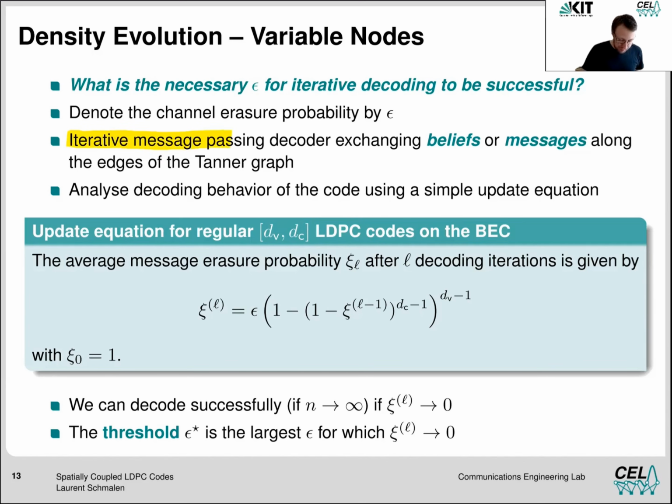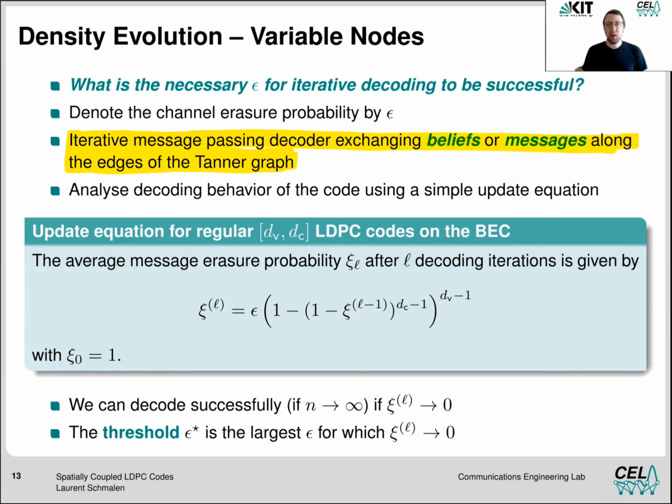And this iterative message passing decoder essentially exchanges beliefs about the different bits along the edges of the graph representation. So it's also called belief propagation decoding, or BP decoding, or message passing decoding.